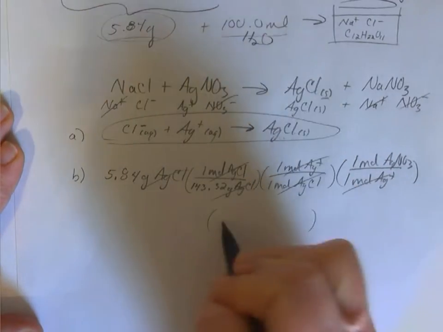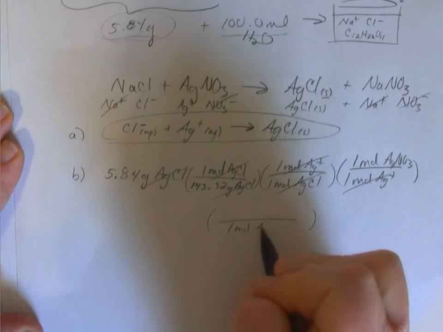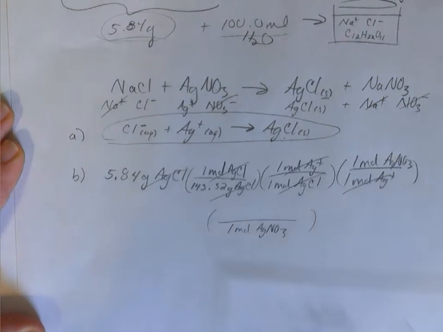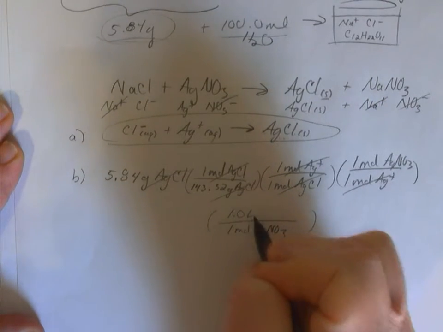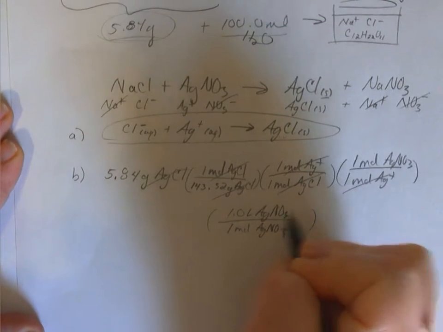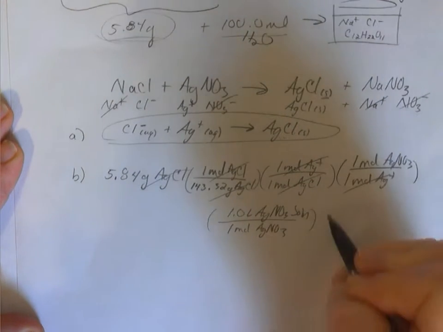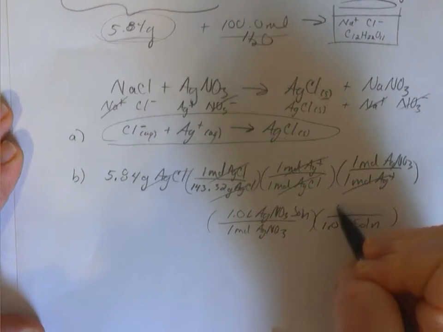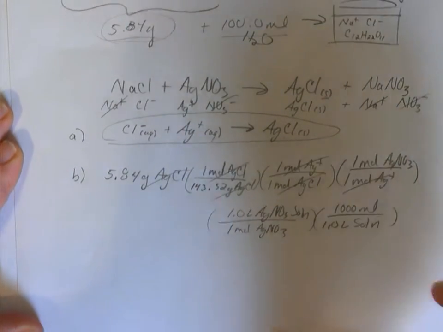All right, so I know 1 mole of silver nitrate from the given molarity is in 1 liter of the silver nitrate solution, and 1 liter of silver nitrate solution is 1,000 mL. Okay, sig figs.